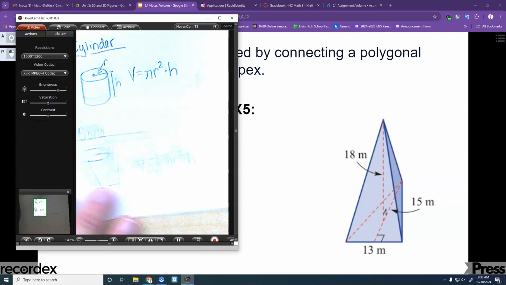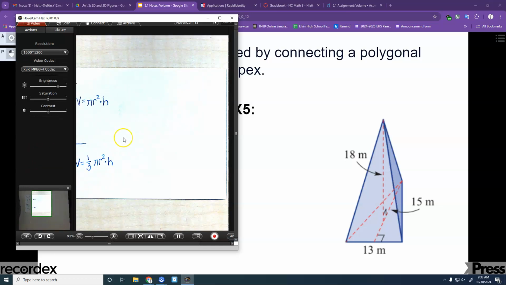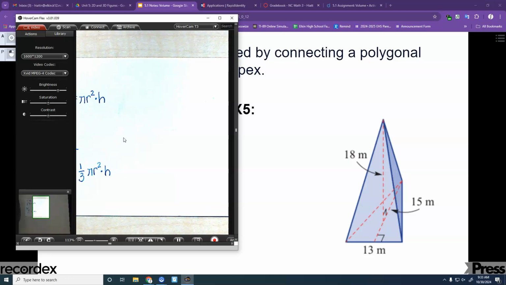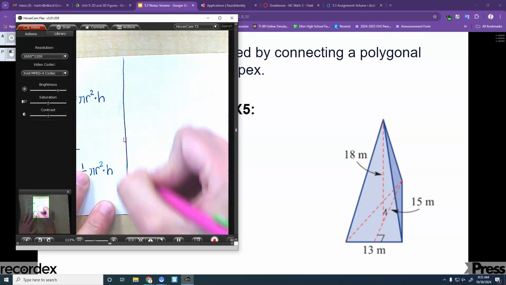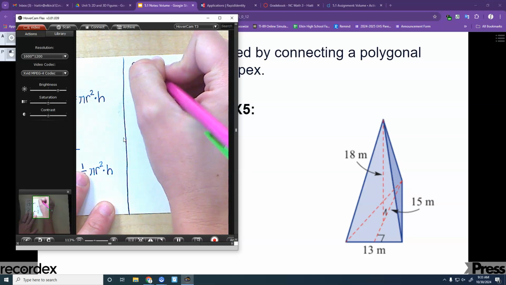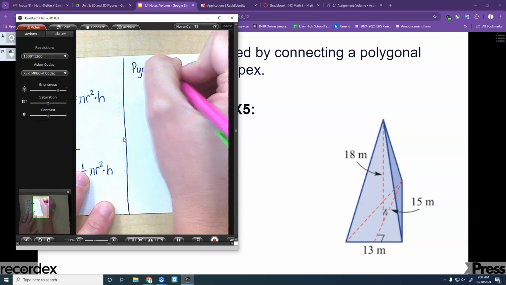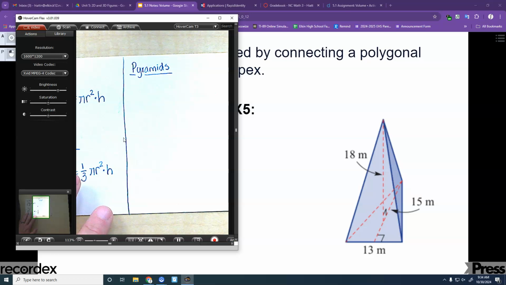Okay? So for our pyramids, I'm not going to do quite as many as we did for the others, so I'm going to make myself a line right here. Put pyramids here. Pyramids are especially difficult to draw.